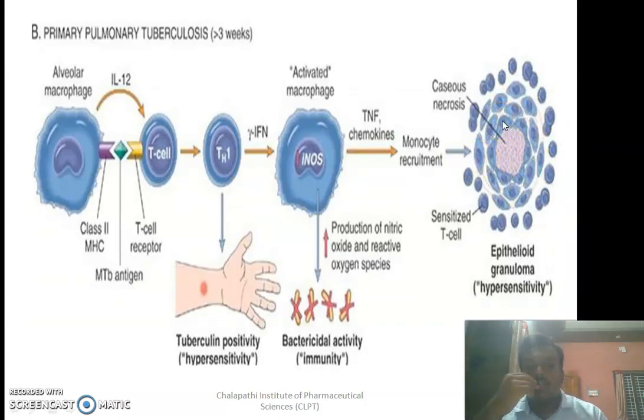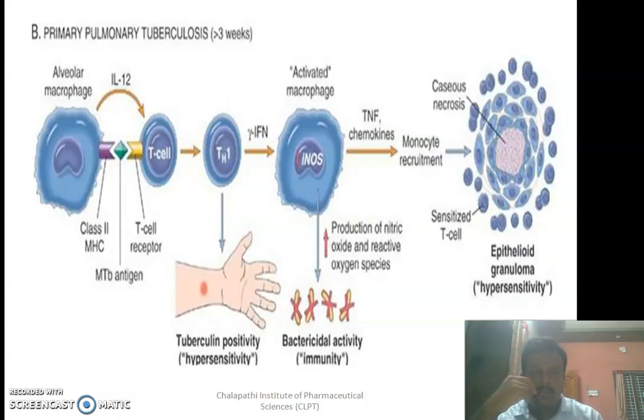Here we have to remember that Mycobacterium tuberculosis doesn't release any exotoxin or endotoxin, but the immune attack developed against it causes damage to the tissues itself. Ultimately it results in the formation of a granuloma, and since it is because of Mycobacterium tuberculosis, we call it a tuberculoma.